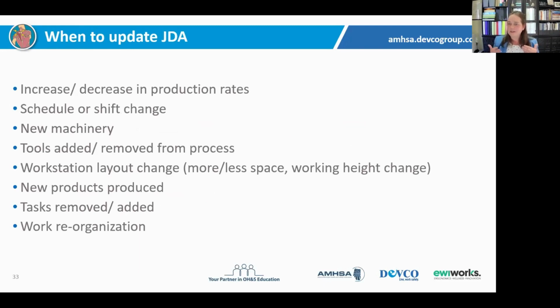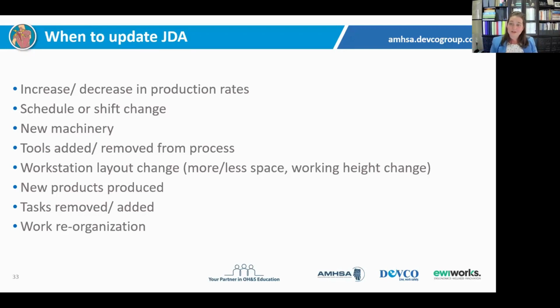So there's also different markers on when to update a JDA. Some different markers that I've put in here is if you just look at the data on the JDA and you say, oh, that's 5 years old, or that's 3 years old, or that's 10 years old. Whatever interval you decide is what makes it current, that might be your flag.